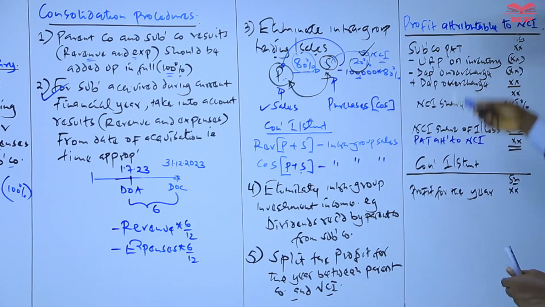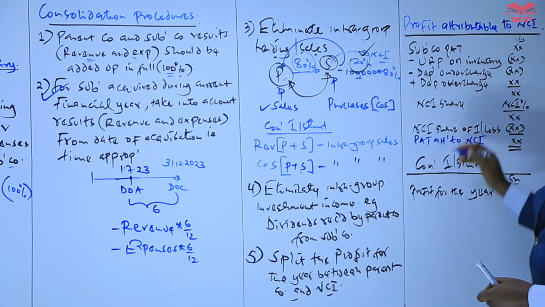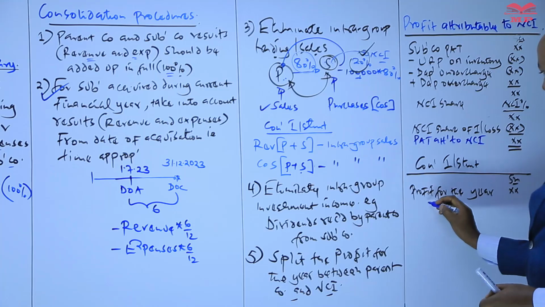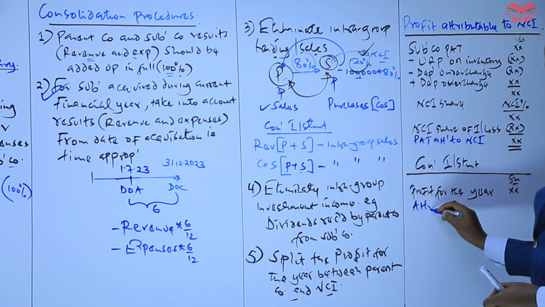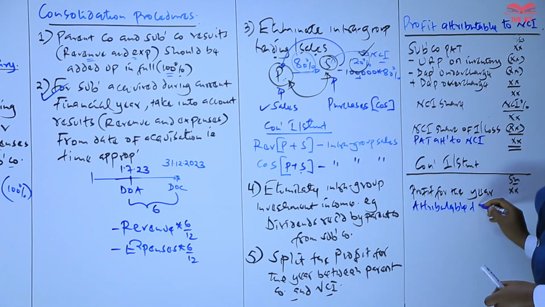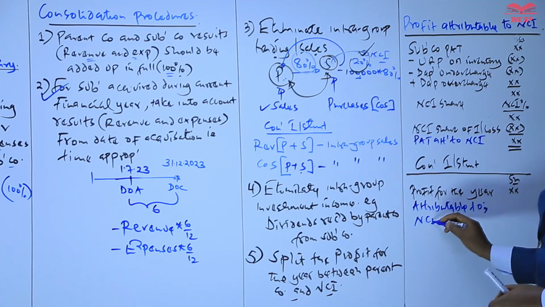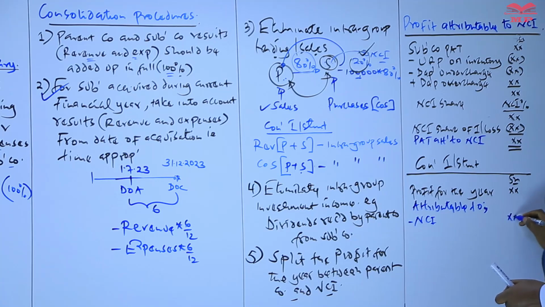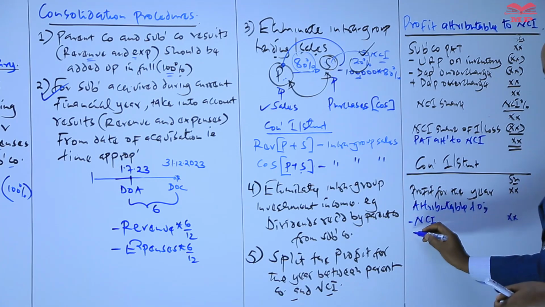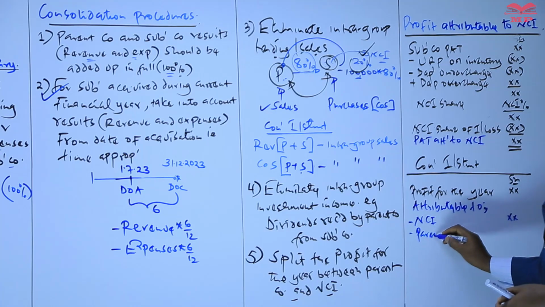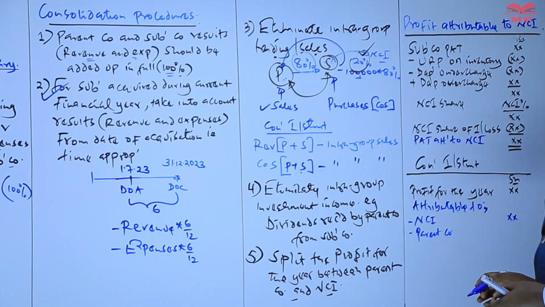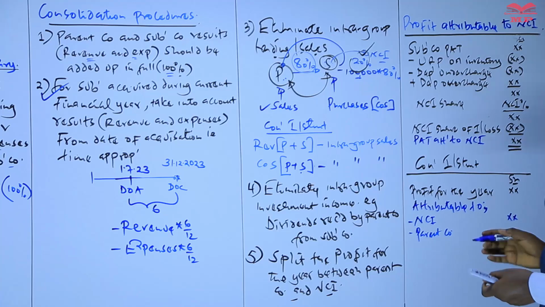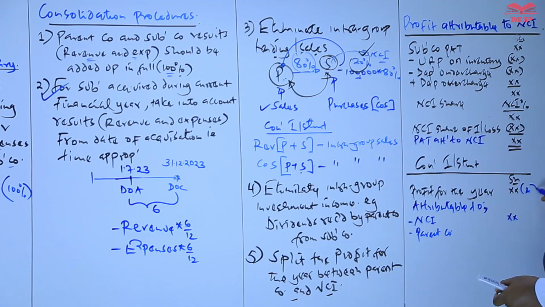So in our case here, you have computed the profit attributable to the NCI. So you will say that this profit for the year is attributable to number one, NCI, profit attributable to NCI. You'll have computed that here using the working which I've shown you there, and then here you also determine the profit attributable to the parent company. So the profit attributable to the parent company, we can say will be equal to this A minus B.